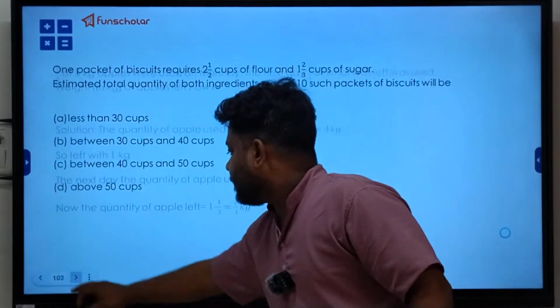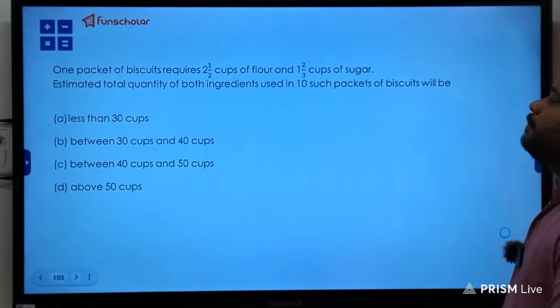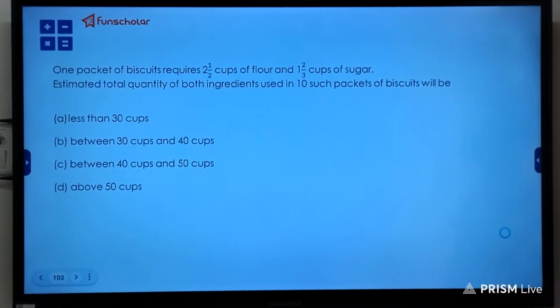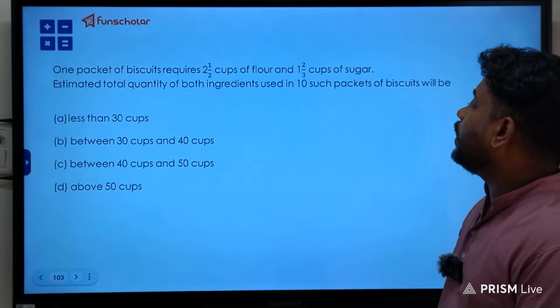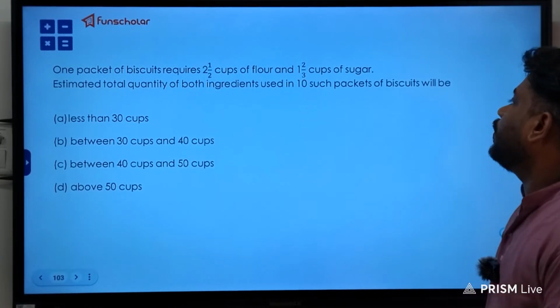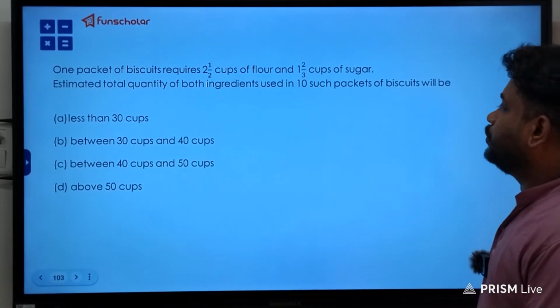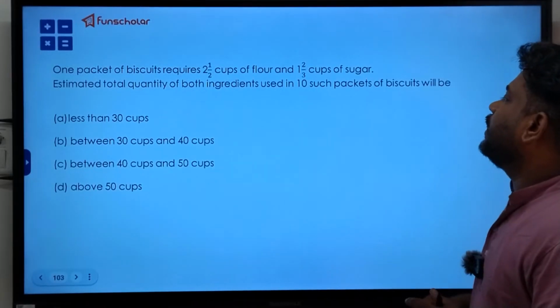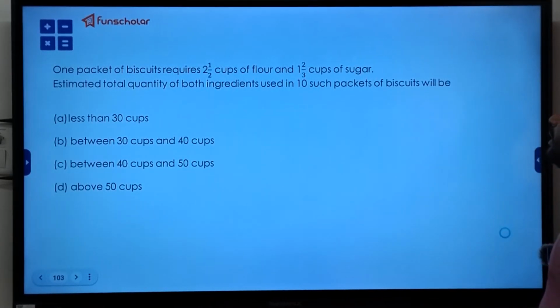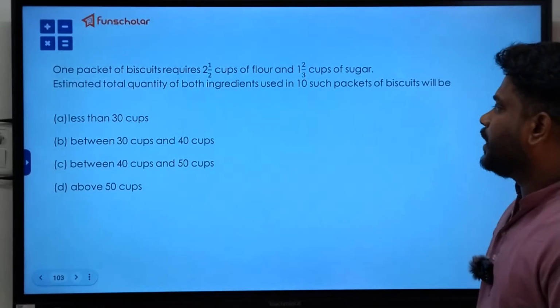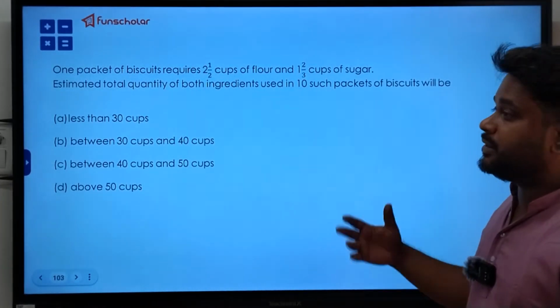Okay, the next one: 1 packet of biscuits requires 2 whole 1/2 cups of flour and 1 whole 2/3 cup of sugar. Estimate the total quantity of both ingredients used in 10 such packets of biscuits; it will be less than 30. This is another MCQ question.